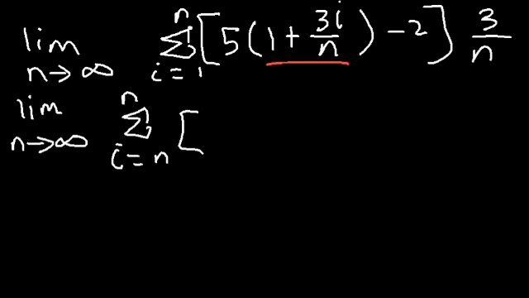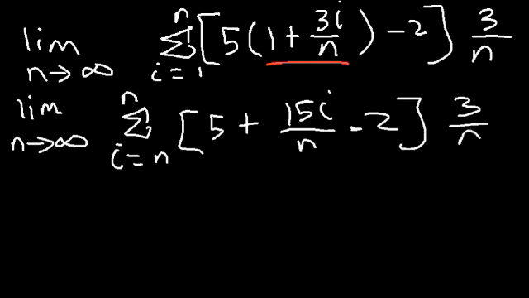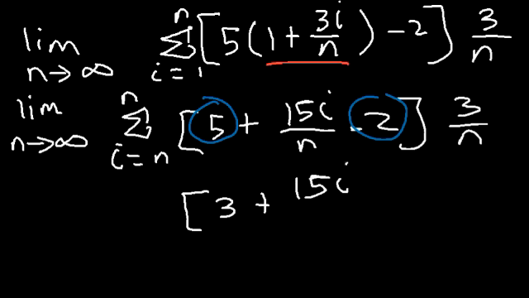So this is going to be 5 plus 15i divided by n, minus 2. Now let's combine like terms. 5 minus 2 is 3. So we have 3 plus 15i divided by n times 3 over n.